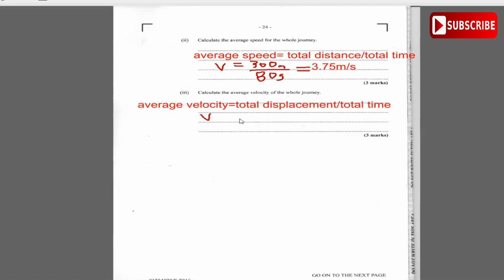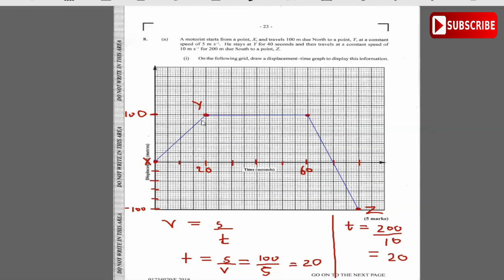V is equal to the total displacement. Now we're going back here, 100 meters in this direction. So the total displacement, you have 100 meters going up, then negative 200 meters. Displacement is 100 minus 200, so in reality that's minus 100. So the displacement is minus 100 over 80.